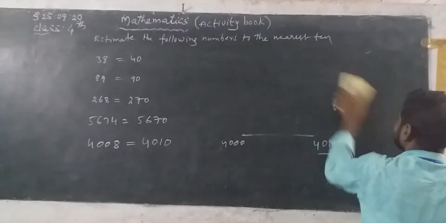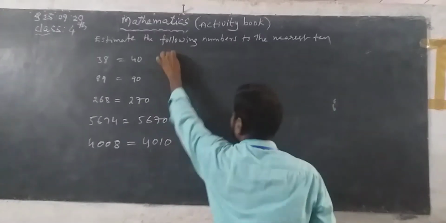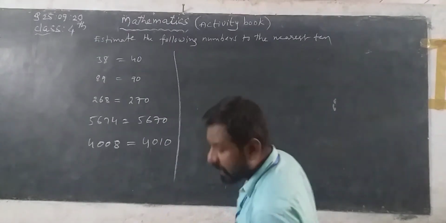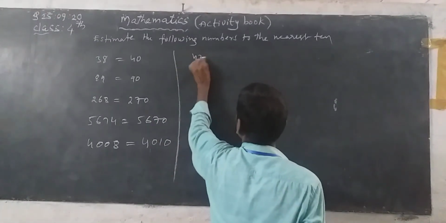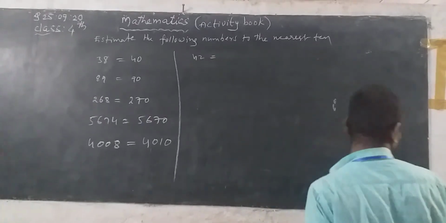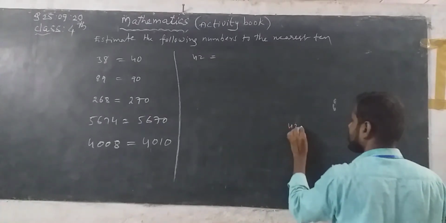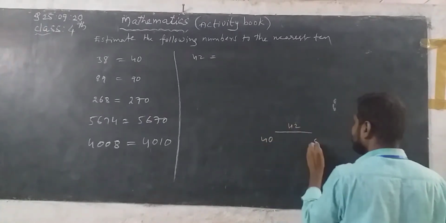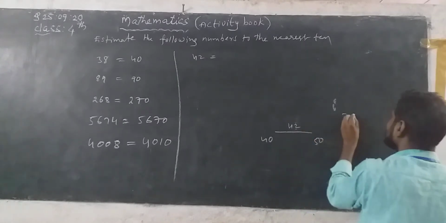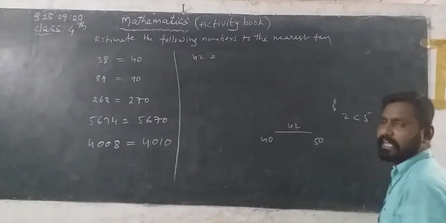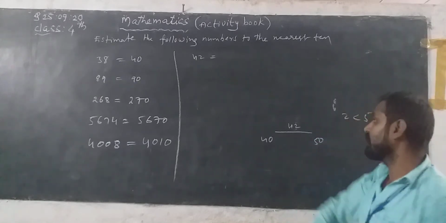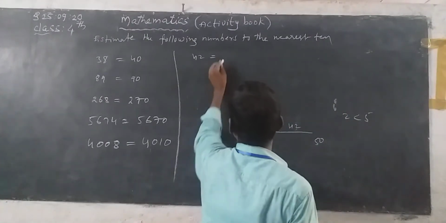Now next, see here, 42. 42 lies between 40 and 50. So 2 is less than 5. Now I have to take before tens, means 40. So 42 is rounded off to 40.